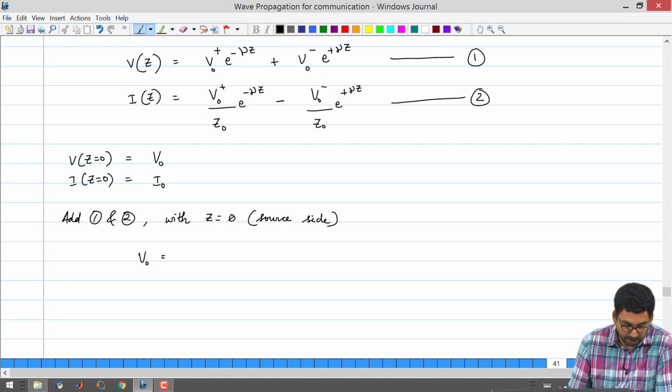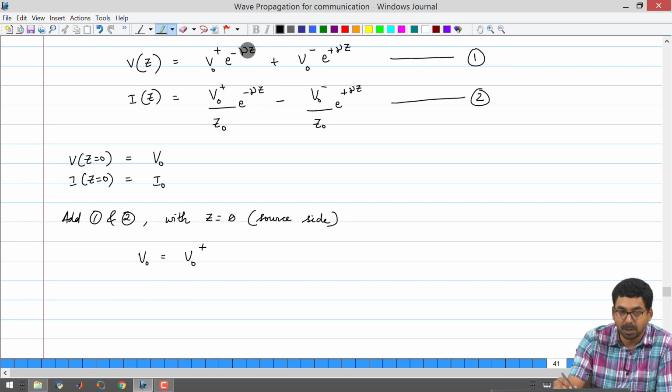So, that becomes V naught. On the right hand side, first I will write down the equations as they are: 1 at z equal to 0, 2 at z equal to 0, then I will add them, it is an in between step. So, V of z at z equal to 0 becomes V naught, which is equal to V naught plus, once again the exponential e to the minus gamma z, with z equal to 0.